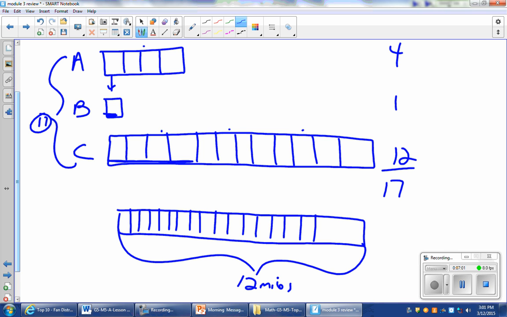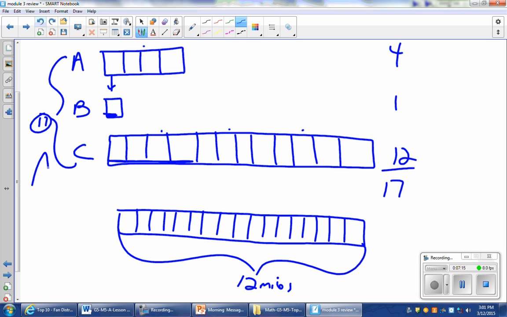Let me redo that. 1, 2, 3, 4, 5, 6, 7, 8, 9, 10, 11, 12, 13, 14, 15, 16, 17. There's 17 units, which I've taken from up here. 12 miles divided by the 17 units would be 12 divided by 17. Each unit is 12/17.